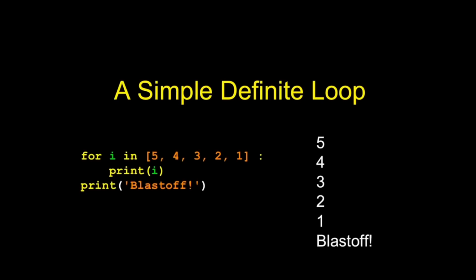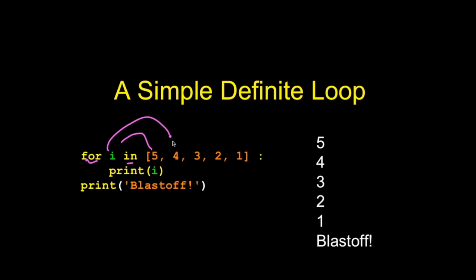So here's a very simple for loop. You see the for keyword, and in is also a keyword. And the iteration variable is something we put right here. This i is declared. This i is like an assignment statement. And i is going to take on successive values. So i is going to be 5 the first time through the loop.